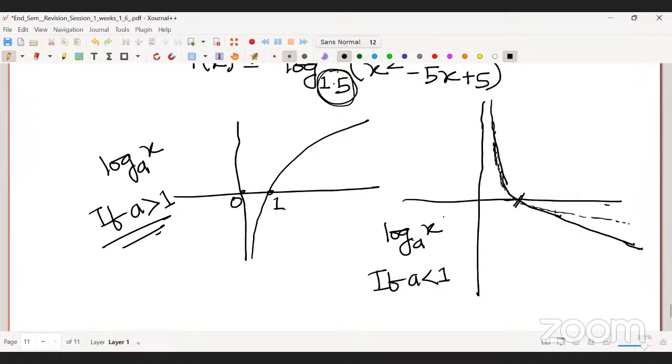So this is my 1, this is your 1, right? Let me just check whether this is the graph. It's basically the power, y equal to x.